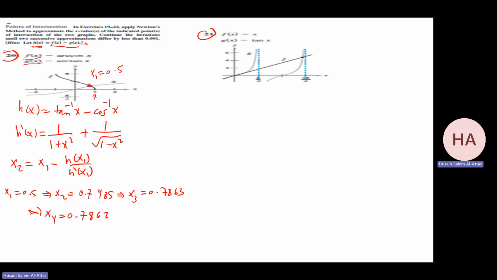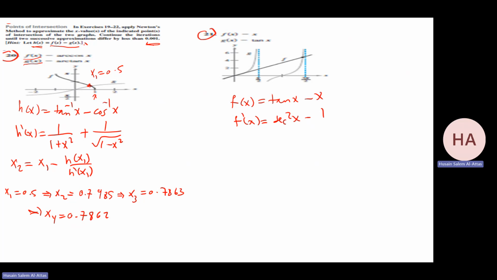Okay, you want it to be less than this. Same thing now for x and tan x, between x and tan x. So my function will be tan x minus x, and f prime is secant squared minus 1. It will be the same thing.